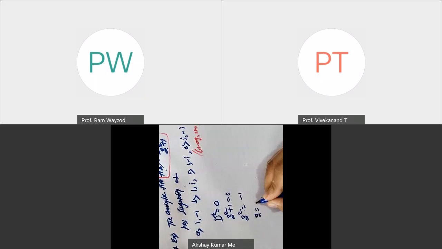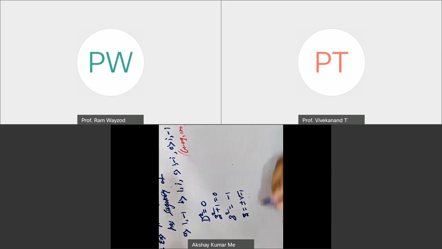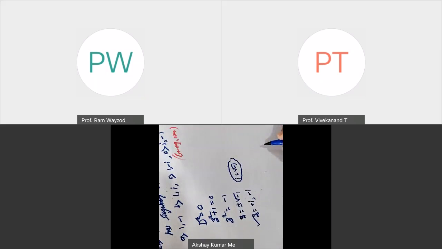So z is equal to plus minus root of minus 1, that is z is equal to i and minus i. So your answer is i and minus i. That is option number D.